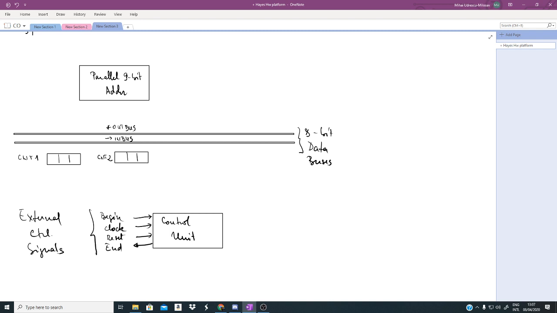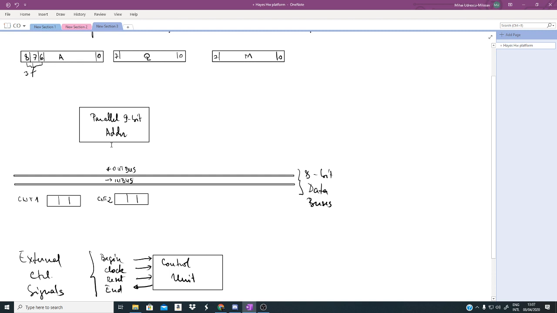Okay, so let's start with the flow chart, because we'll make these two in parallel. The flow chart starts with this state: start, stop, and then if the begin signal is 0, then it stays here.